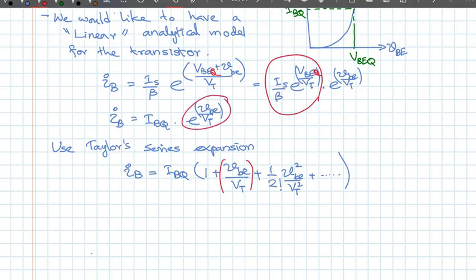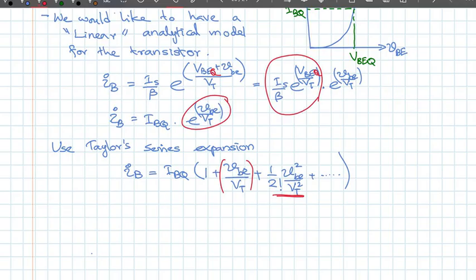Okay, so therefore we know that VBE should be less than VT. What is VT? 26 millivolts at room temperature. But if it is closer to 1, then this term here will not be small. You need to consider that also, in which case this will not become a linear equation.